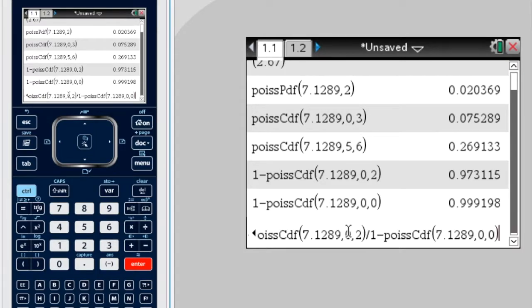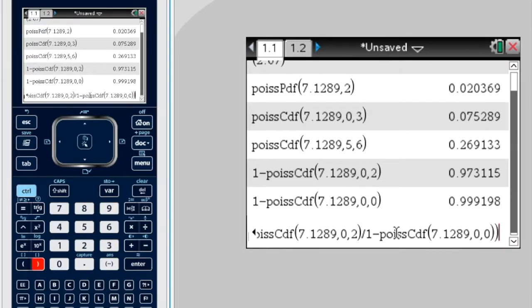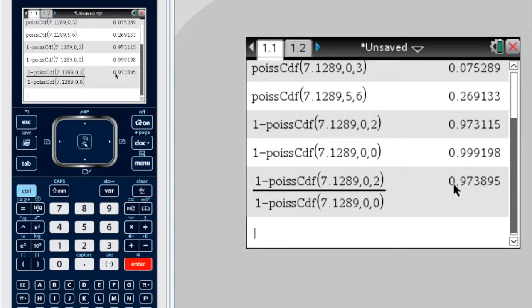Now, I'm not convinced that's going to work properly, so I might put in some brackets, just to make sure it's all of the numerator divided by all of the denominator. Yep, let's put the bracket in, press enter, and there's your final probability.